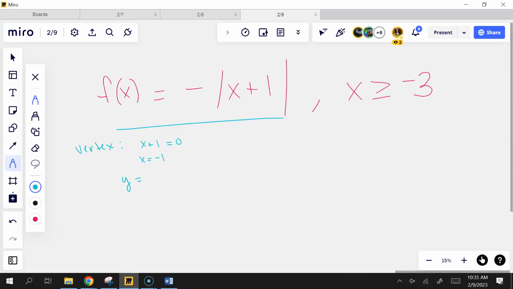Okay, so y is 0, yes? All right, so right now, this absolute value has a vertex at -1, 0, right? Pick another point. What would y be if x is 0?